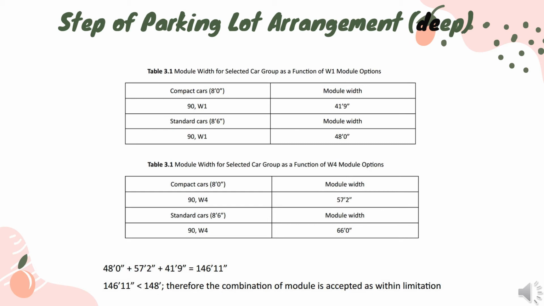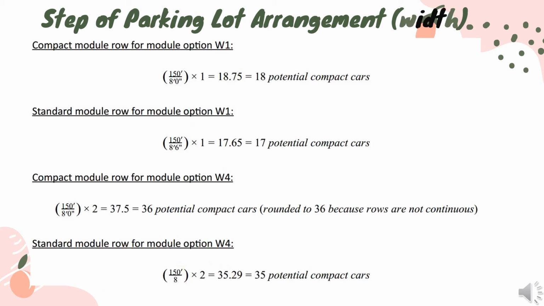The first module row is W1 for standard car, the second is W4 for compact car, and the third is W1 for compact car. Next we tested the feasibility of this combination, and we found that it is feasible because it is less than the limitation of 148 feet.